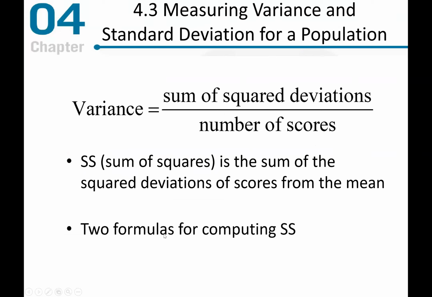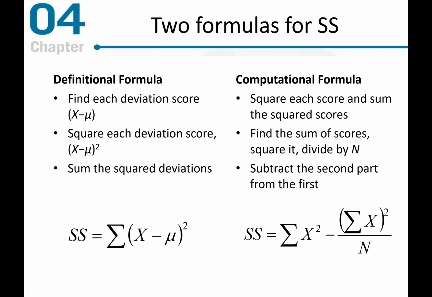There are going to be two formulas for computing the sum of squares. It's usually called the sum of squares, but it's really the sum of squared deviations.